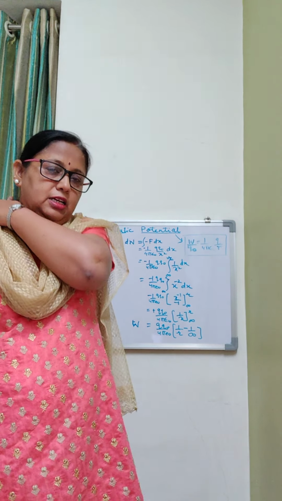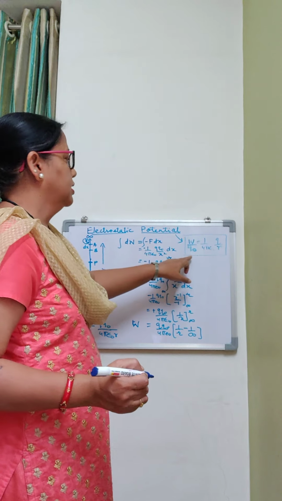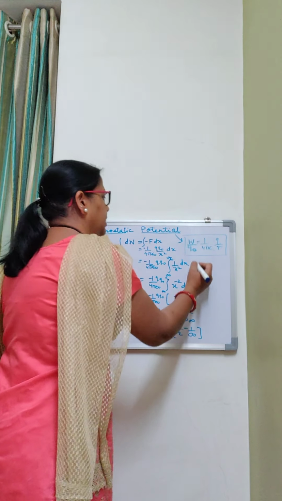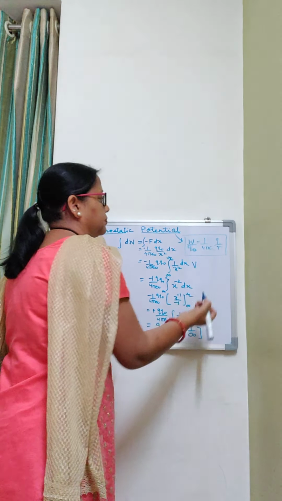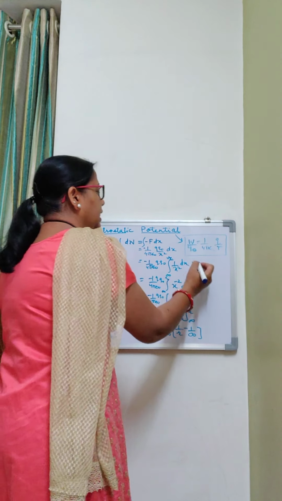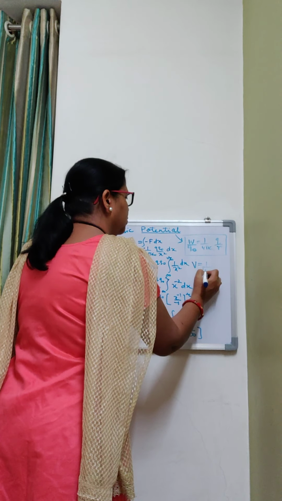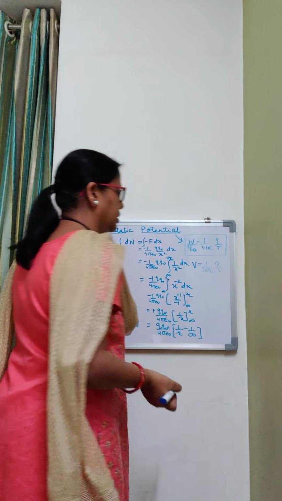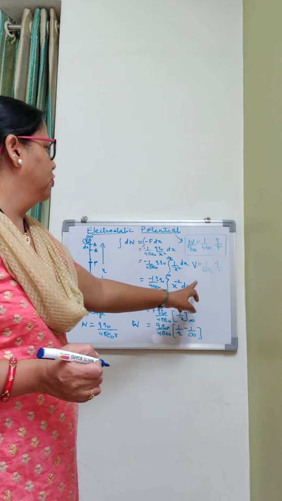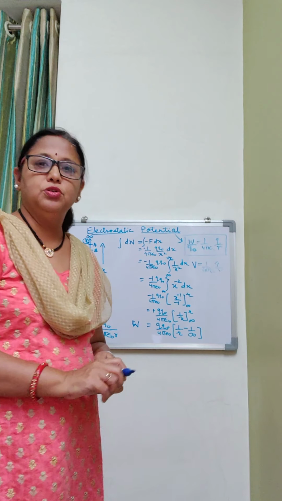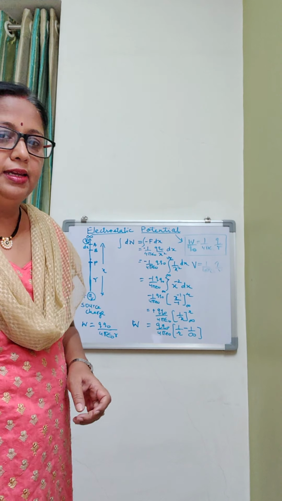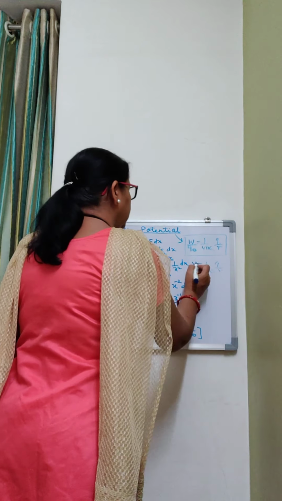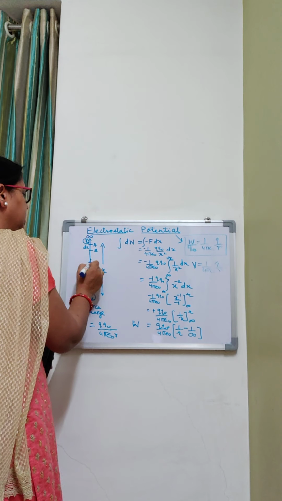What is electrostatic potential? It is work done per unit charge and it is having a symbol V. So V I can write as 1 upon 4 pi epsilon naught Q upon R. Okay, so this is the formula for the electrostatic potential at the point P.